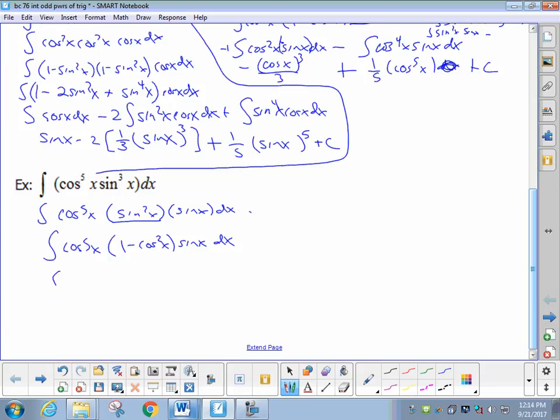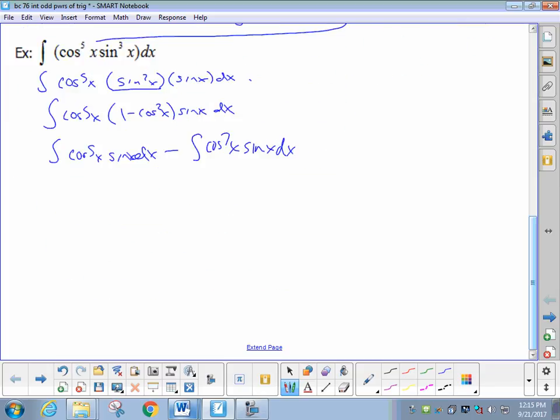So the next term would be two integrals. What are the two integrals? Cosine to the fifth sine minus cosine to the seventh sine. All right. In terms of u sub, whether on paper or mental, u is cosine, so du is negative sine.